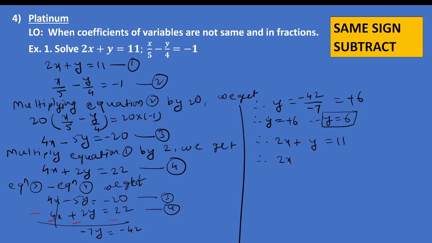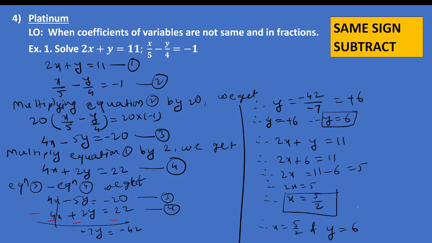Therefore 2x plus 6 equals 11, which is 2x equals 11 minus 6, which is 5. Therefore 2x equals 5, x equals 5 by 2. Hence we got the correct answer here, which is x equals 5 by 2 and y equals 6.